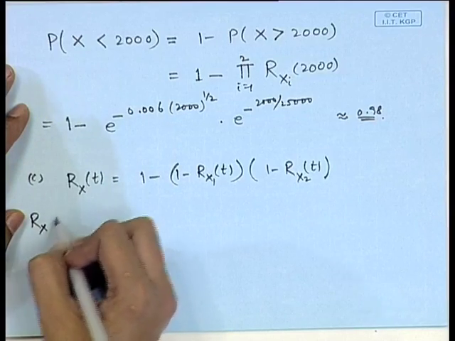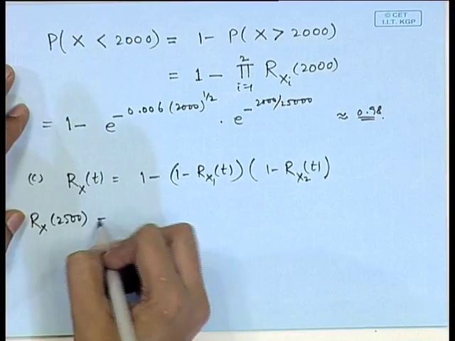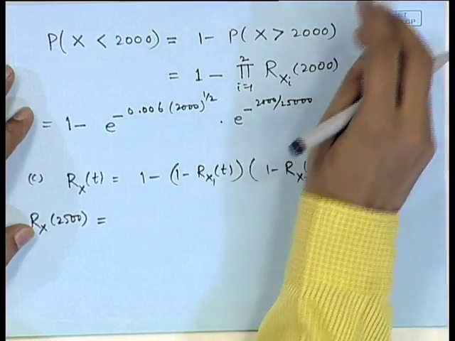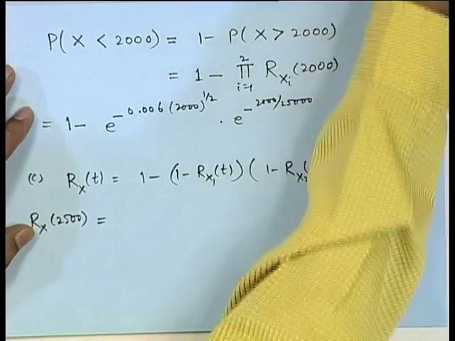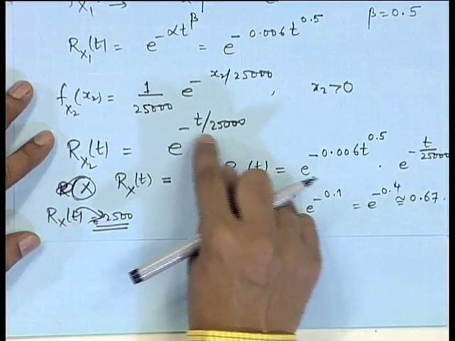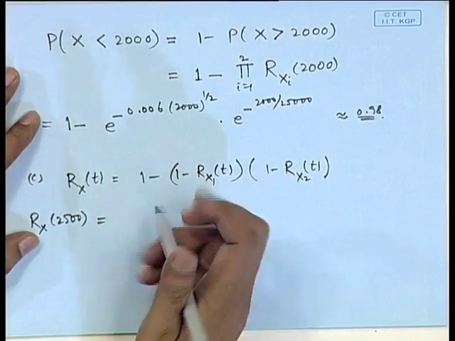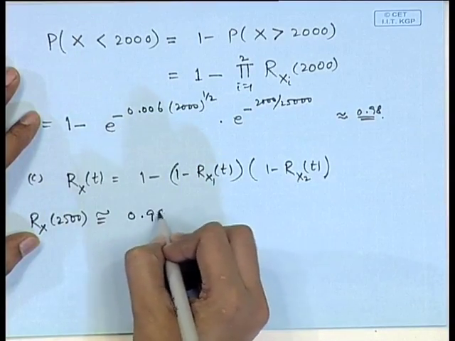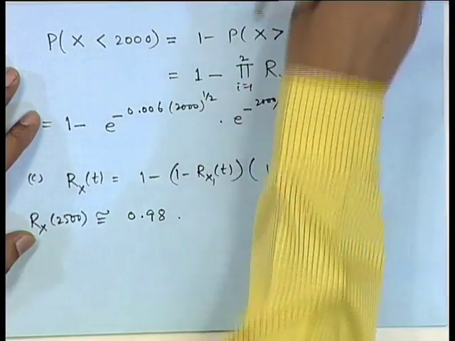If we calculate at 2500 hours, after substituting the values of R X1 and R X2 which we have evaluated here, with t equal to 2500, it turns out to be approximately 0.98.